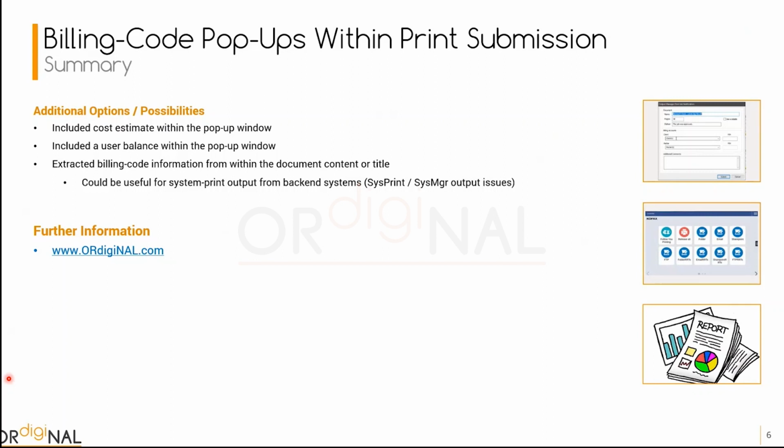So there's a well-known issue with back-end systems where everything comes from SysPrint or SysManager, and recording the data and cross-charging for that is very difficult. Well, we could look at that file, look at the content of that file, and potentially pull something from it that allowed us to establish the billing code data. So there's always more that we can do, and with the Kofax Control Suite platform, there is probably an infinite number of different possibilities that we could bring to this.